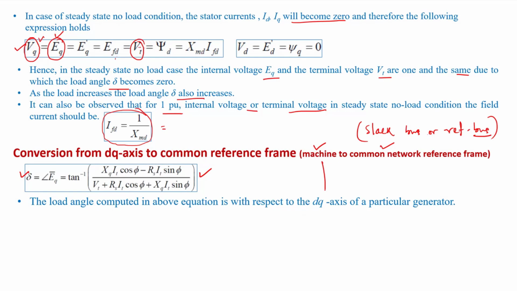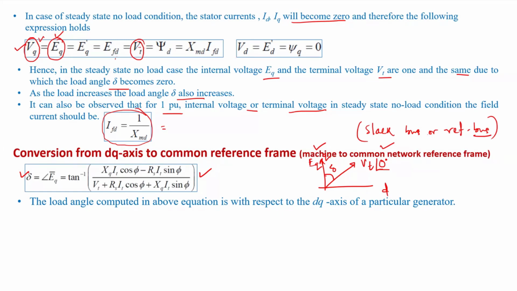So already we know this delta is the angle between EQ, the Q axis, and VT, so this is your delta. And we considered here VT as reference, because if we are considering a single machine system, the terminal voltage will act as the reference for that particular machine.